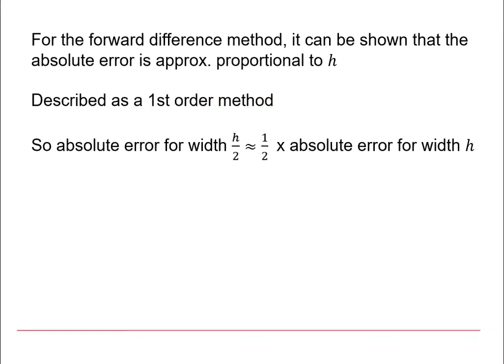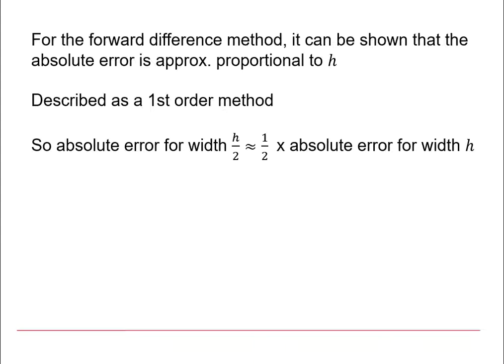And if each successive estimate is based on a width that is being halved each time, then we can say that the absolute error for one estimate is going to be half of the absolute error for the previous estimate, in exactly the same way that we saw for the numerical integration.